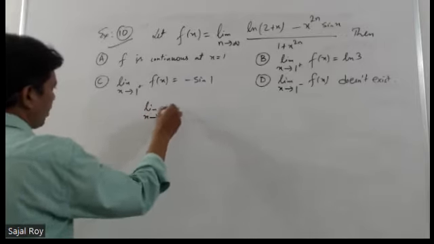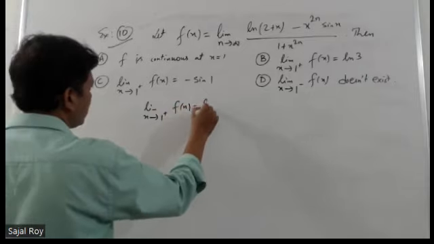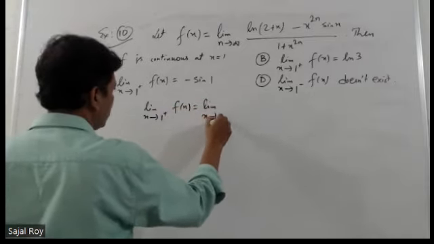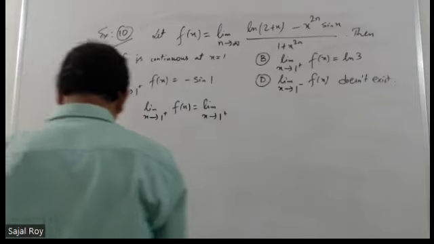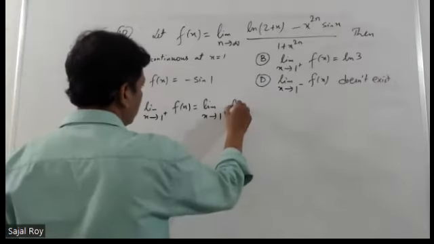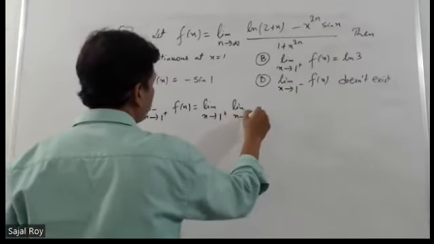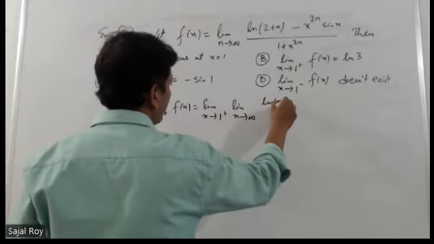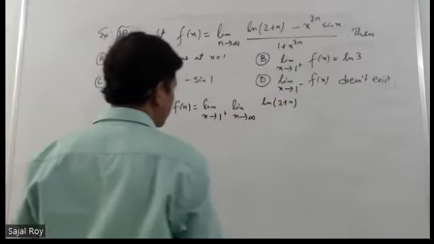Limit x tends to 1 plus f(x) equal to limit x tends to 1 plus, limit n tends to infinity of ln(2 plus x).